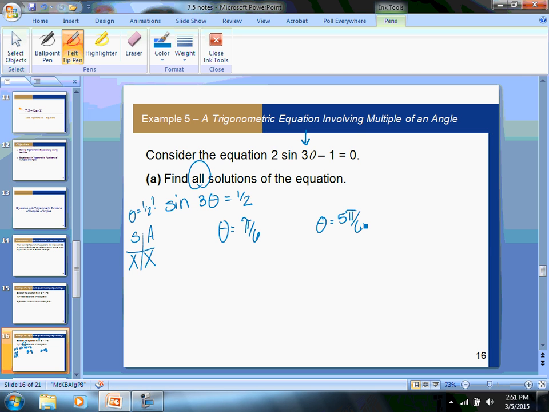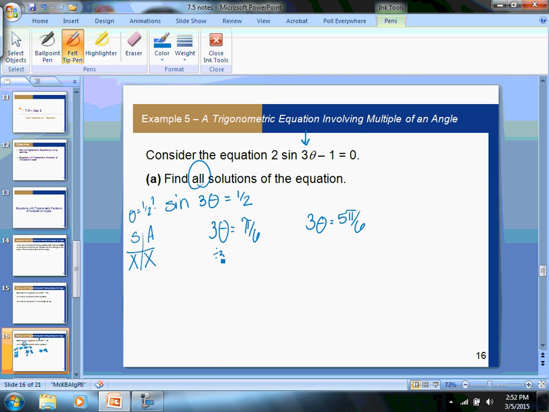Okay? So now the only difference is I'm going to put a 3 in front of that theta because I had a 3 theta in my problem. So I leave the 3 there, but I still think of it like we have been as far as finding the radian. But now I'm not really solving for 3 theta. I still need to solve for theta.